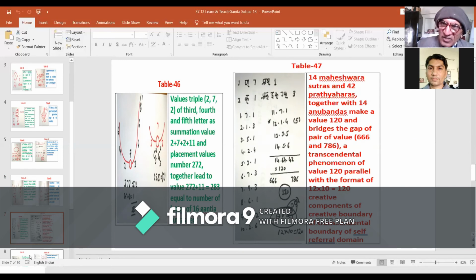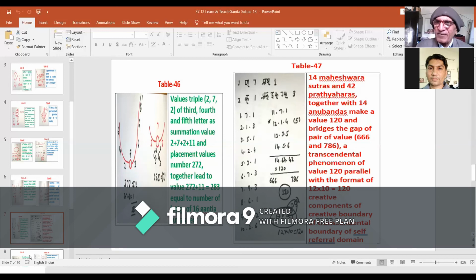It is this transition format which will further help us observe that the entire structure of Ganita Sutras from Sutra 1 to Sutra 16 is manifesting here in the fourth letter seat of creator's space with transcendental origin.